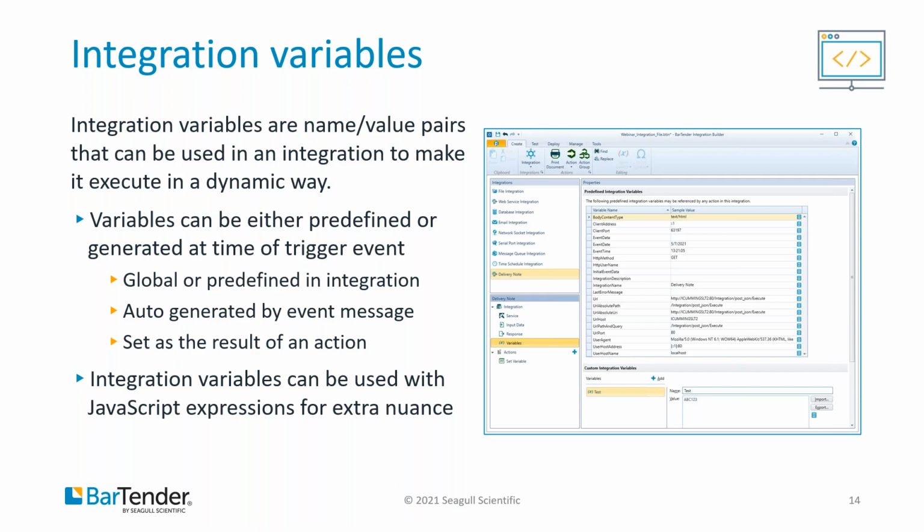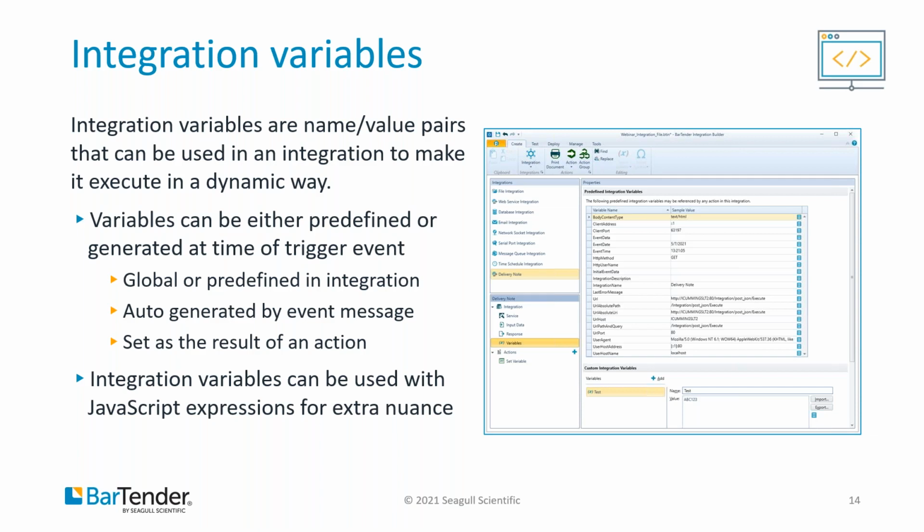So how can you set the value of a variable? Well, this can be done either in the predefined way, generated as part of the event message, depending on the type of event message and the content. And also, a variable can be set as a result of an action. The most obvious example would be the set variable action, but there are others.